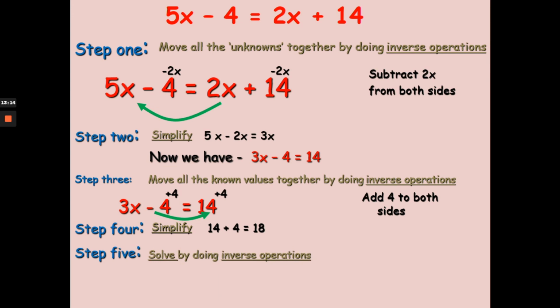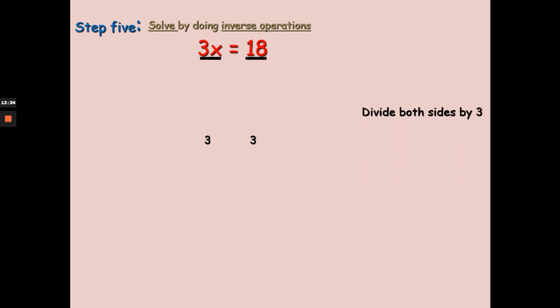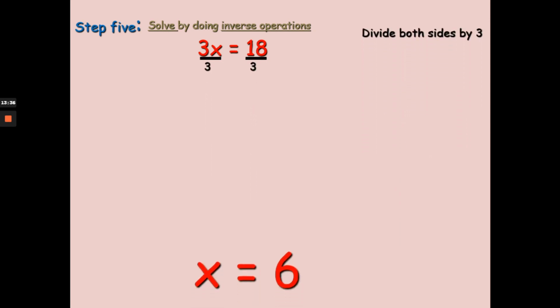So that would leave me with 3x equals 18. So 3 times something equals 18. The last step would be to divide both sides by 3, which would give me the answer of x equals 6.